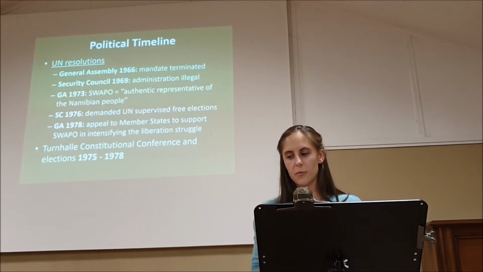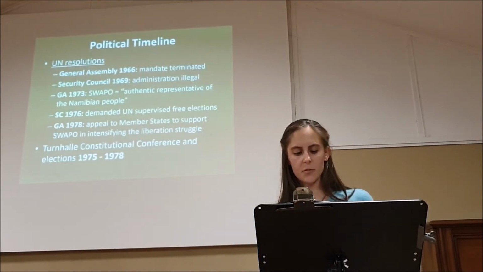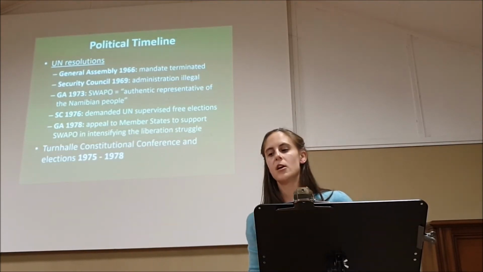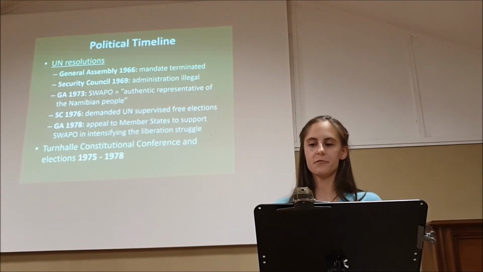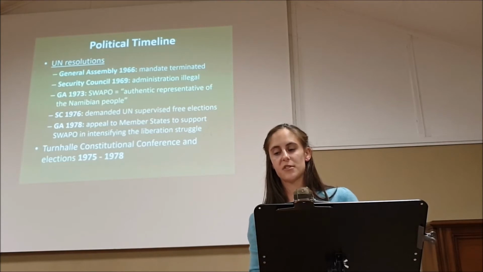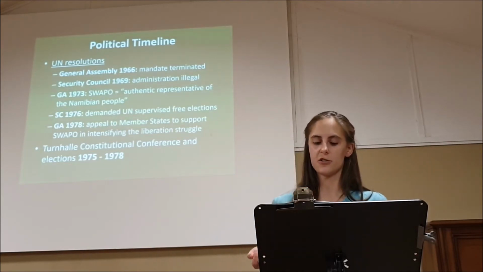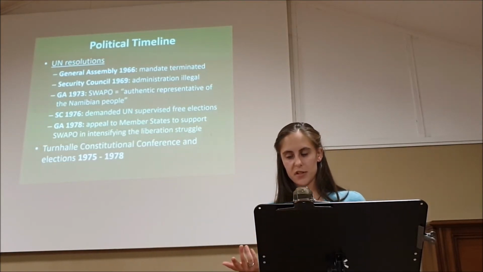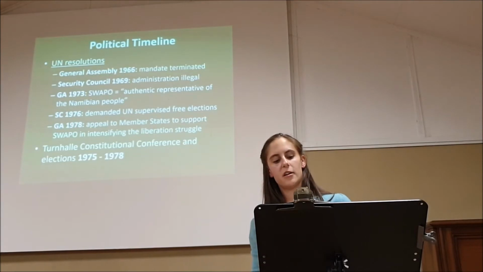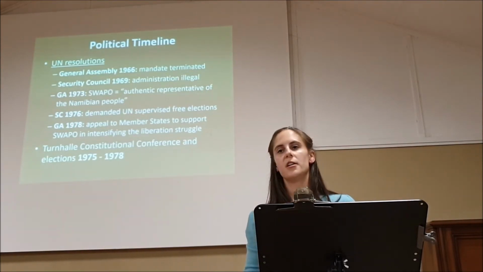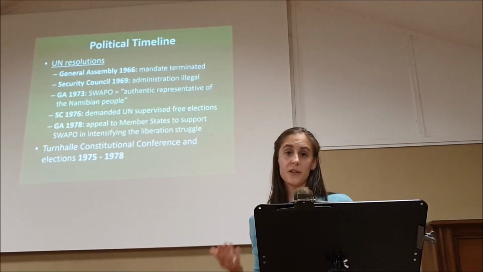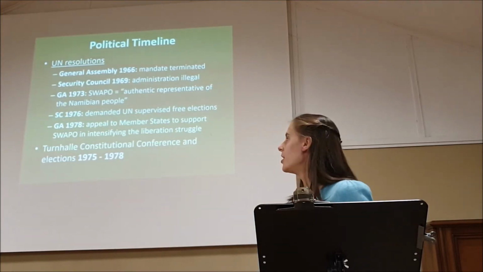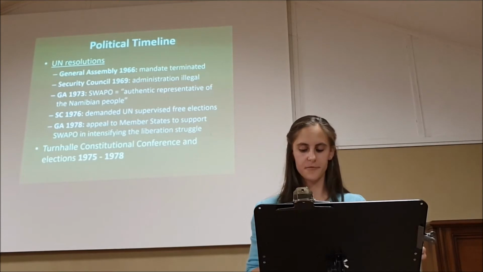The winning party was the Democratic Turnhalle Alliance, which was a multiracial party. However, since it was not recognized internationally, the government was not very successful, and by 1983, Southwest Africa was back under the administration of South Africa. So that's a little bit of politics.